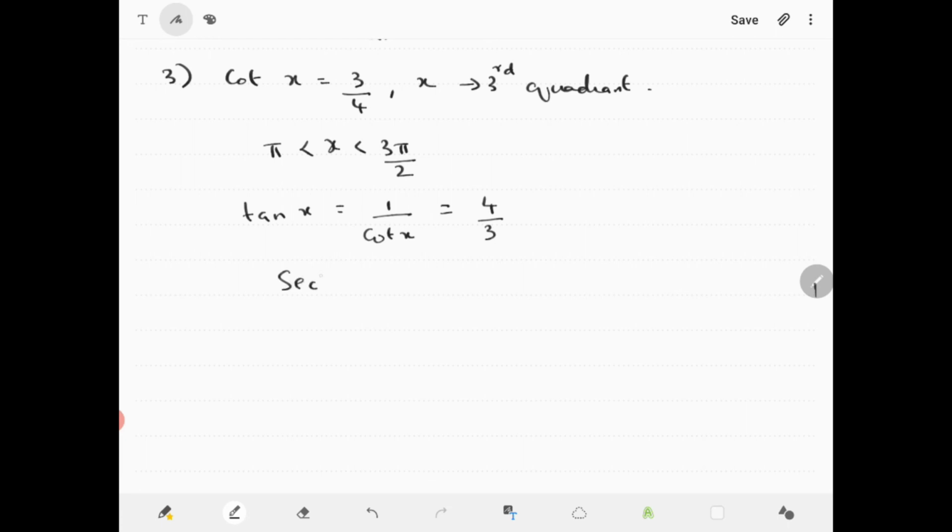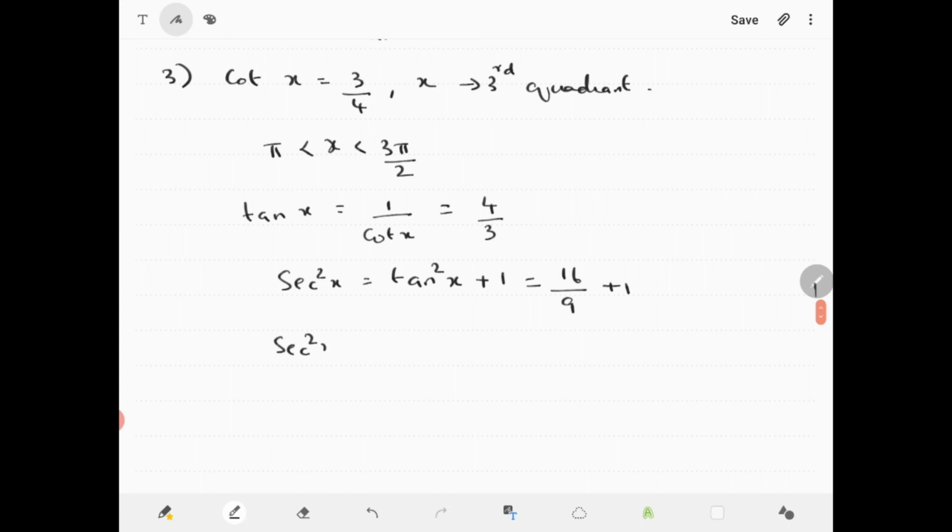We know secant square x is equal to tan square x plus 1. Tan square is 4 by 3 square, which will be 16 by 9, plus 1.